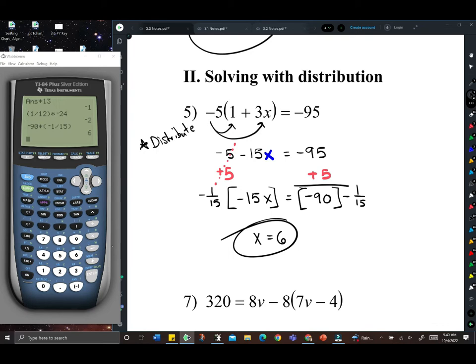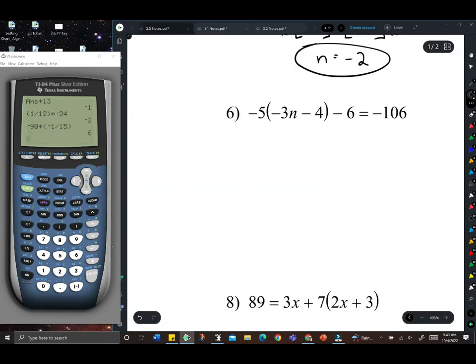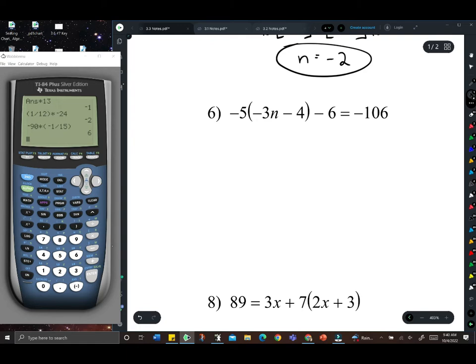So solving with distribution. Number 6, we got a little bit more to do. So with this one, you have to be careful. We only distribute the 5 to the negative 3 and the 4. You don't need to distribute to that 6. It's not in the parentheses. The 5 only needs to be distributed to the parentheses.